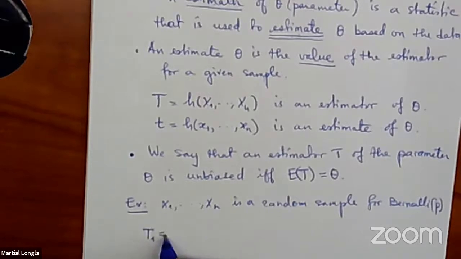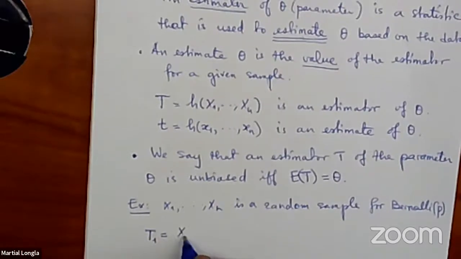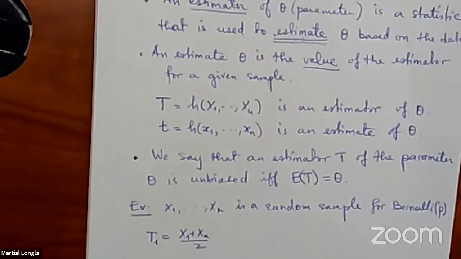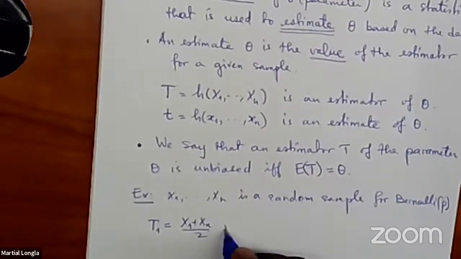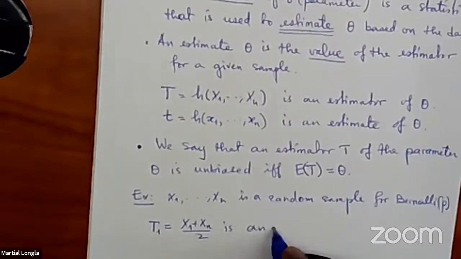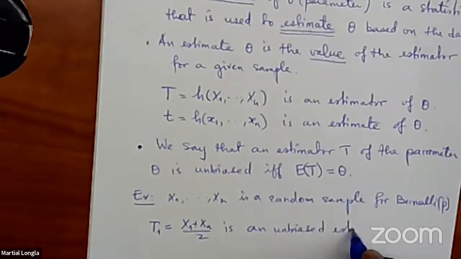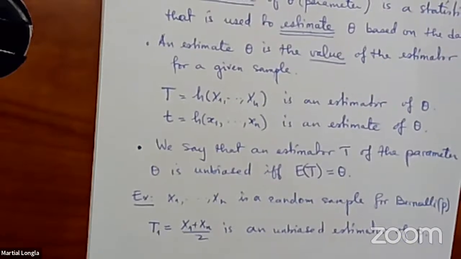T1 equals (x1 plus xn) over 2 is an unbiased estimator of p.